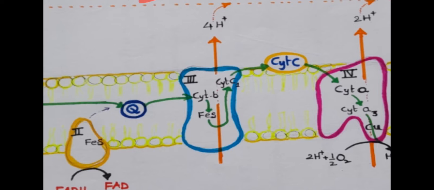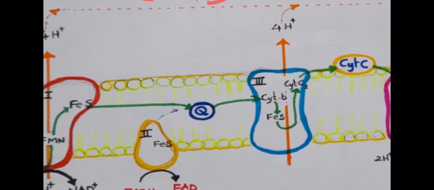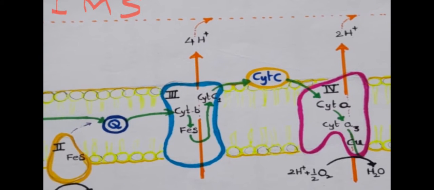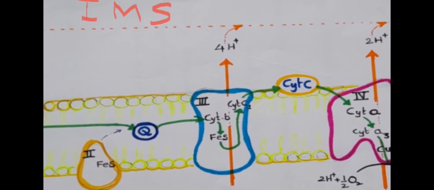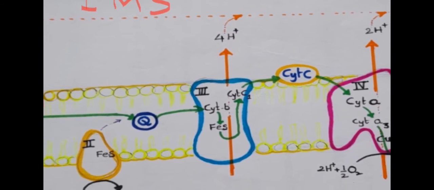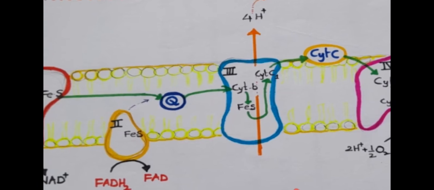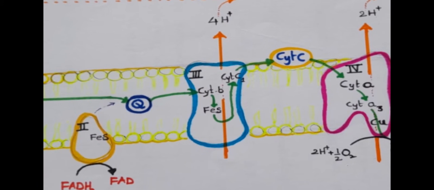It reduces cytochrome C. Cytochrome C is a small protein, and it is reduced by transferring electrons via cytochrome C1. The complex is named cytochrome C reductase because it is transferring its electrons to cytochrome C, or reducing cytochrome C. That's why the third enzyme complex is named cytochrome C reductase.